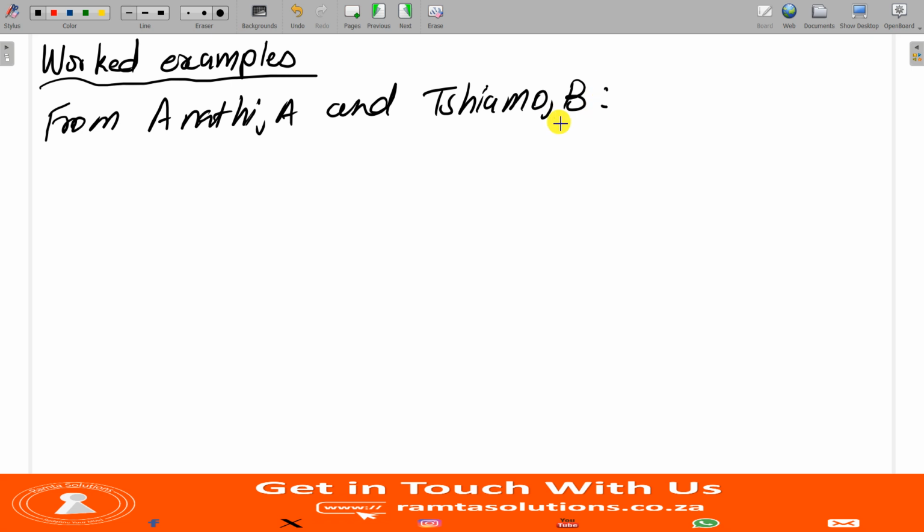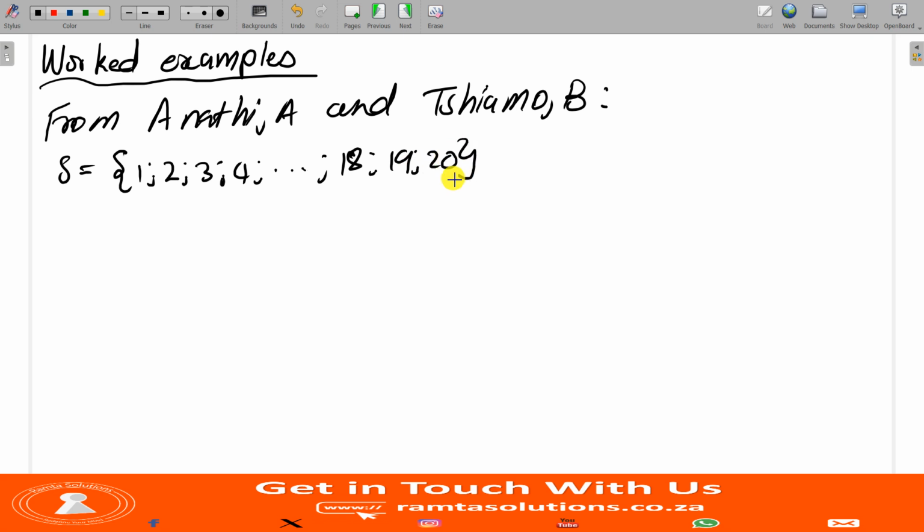If you recall, our sample space was 1, 2, 3, 4, and so on until 18, 19, 20. You guys remember? Anati had chosen factors of 20, which are 1, 2, 4, 5, 10, and 20.